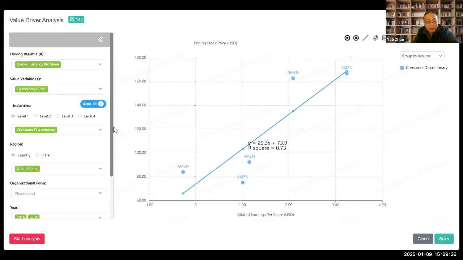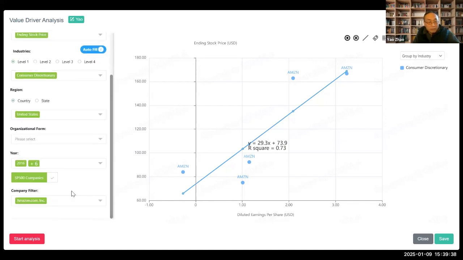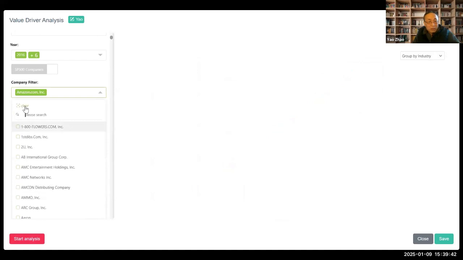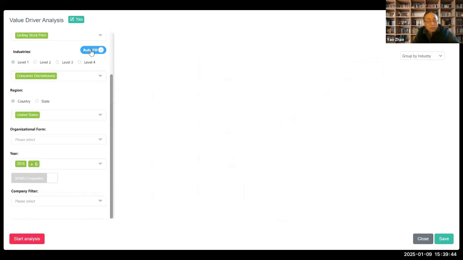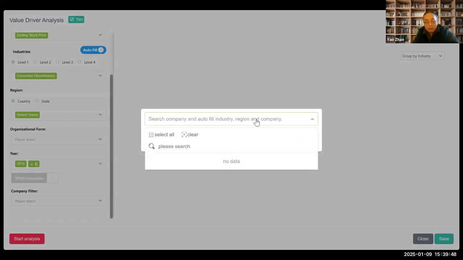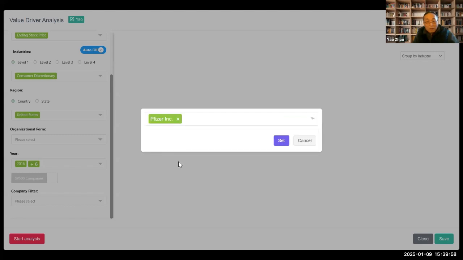Anybody interested in non-S&P 500 companies? Let's clear this out. Anybody interested in healthcare companies like Pfizer? Are you investing in Pfizer? Pfizer made a lot of money from the vaccine, remember?